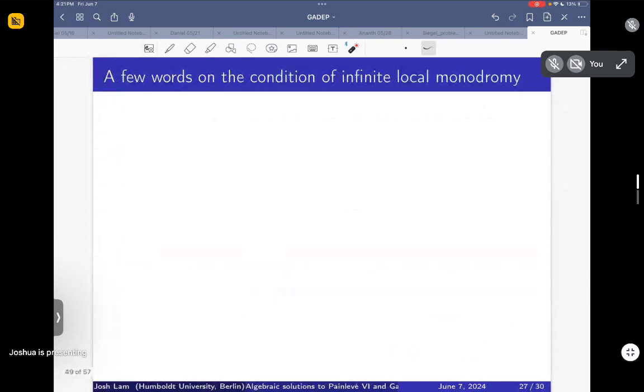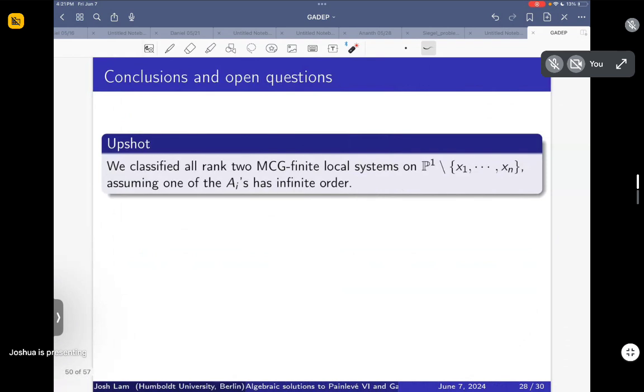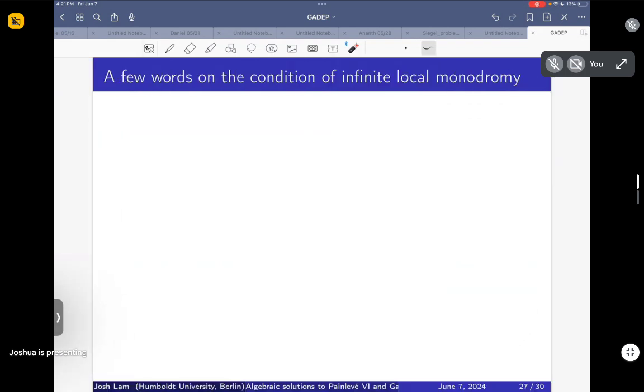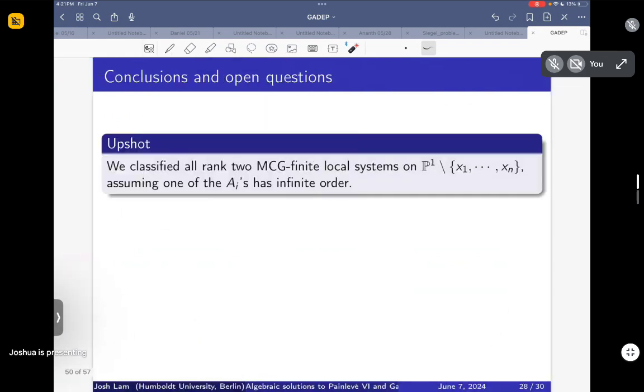I have some things about the condition on infinite local monodromy, but maybe let me not say too much about that. Let me just try and conclude and say some open questions that we weren't able to resolve. So again, the upshot is that we classify all of these rank 2 MCG finite local systems on P1 minus n points.